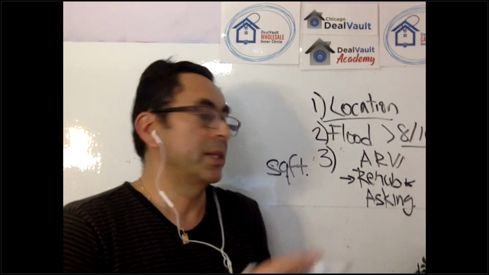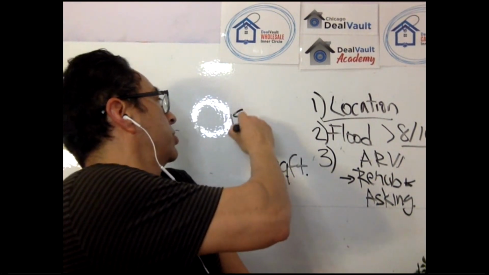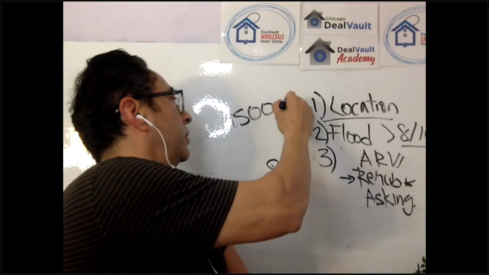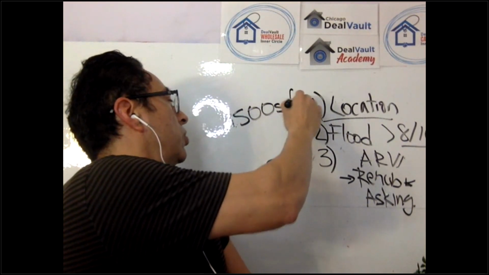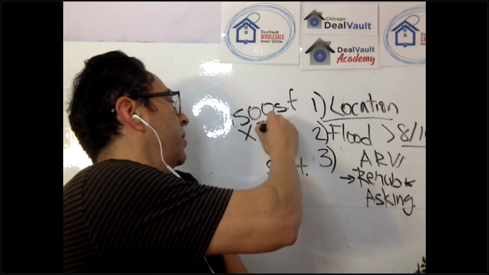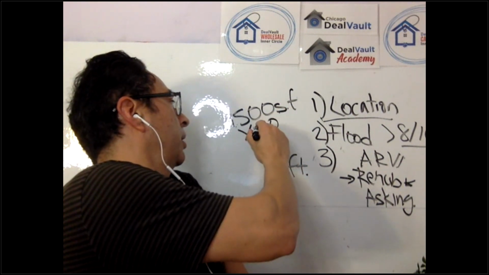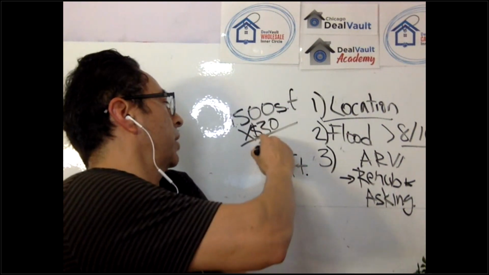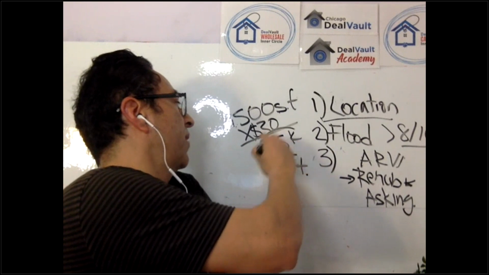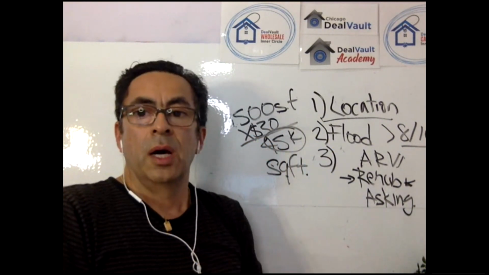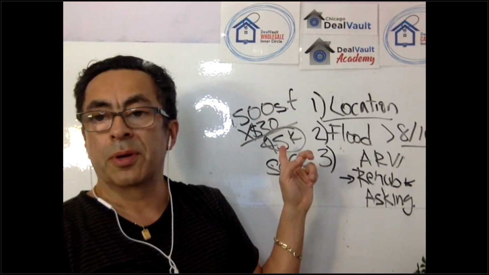So you're going to multiply 1,500 times $30. Your total rehab is going to hit about $45,000.